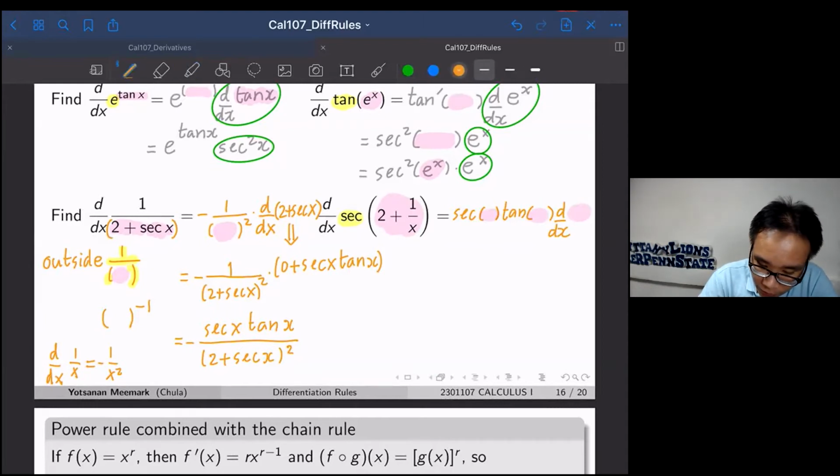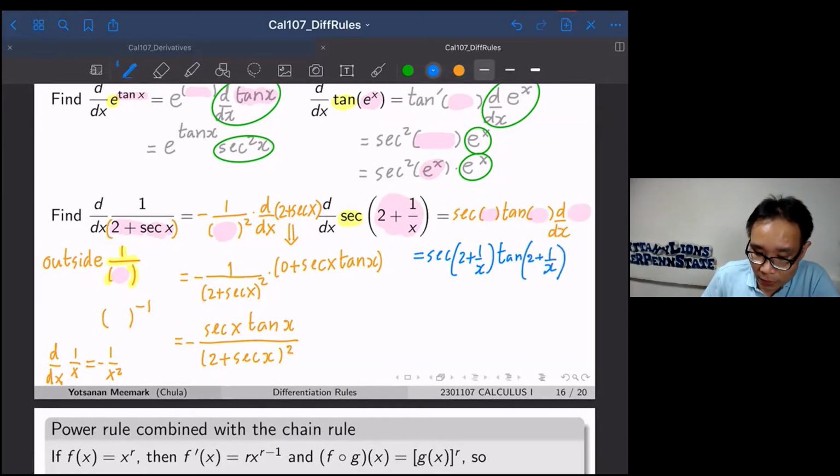So in this case, it will be sec of 2 plus 1 over x, tan of 2 plus 1 over x. And you multiply with the derivative of 2 plus 1 over x. What is the derivative of 2 plus 1 over x? It's going to be negative 1 over x squared, that I already asked you to memorize.